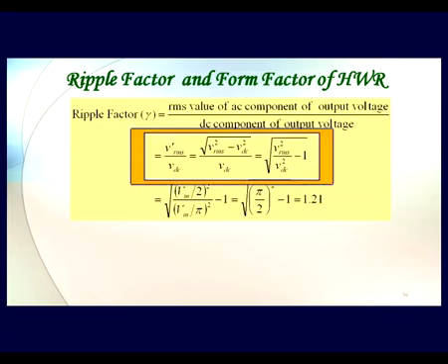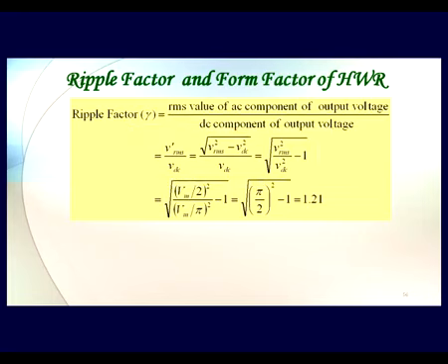So if we substitute the value of V prime RMS, which is the square root of VRMS square minus VDC square, and VDC in the denominator, and then simplify it, we get the square root of VRMS square upon VDC square minus 1 as the ripple factor.